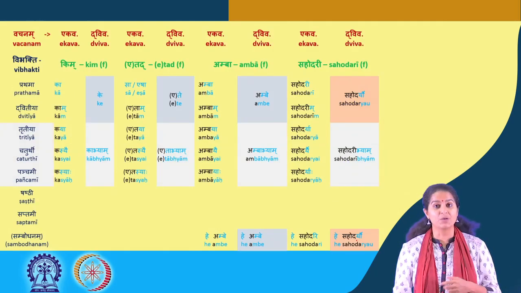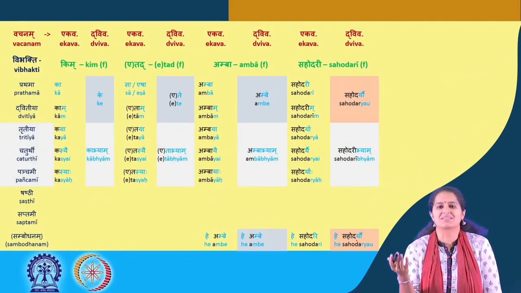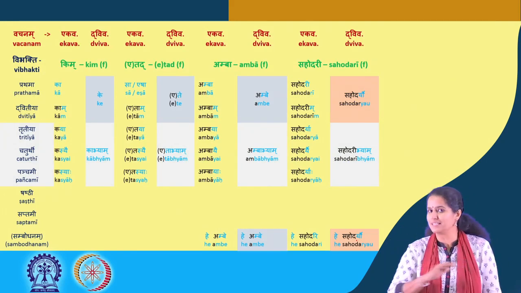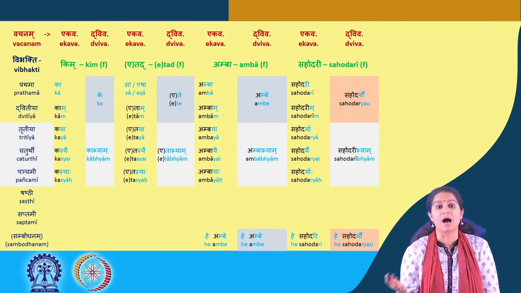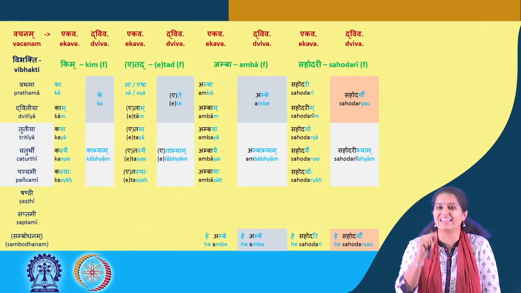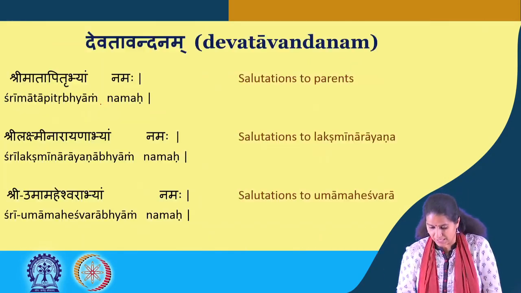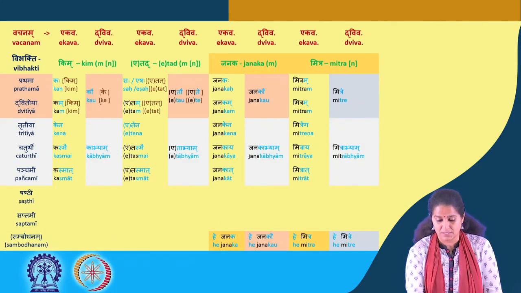Let's move on to the feminine words and see what happens there. We have ka. Feminine words ending with a or e take the same form. So we have ke, ete. For the word amba it becomes ambe, but for sahodari it becomes sahodariyau. That's why I've given it a different color code that actually matches with the masculine forms here.